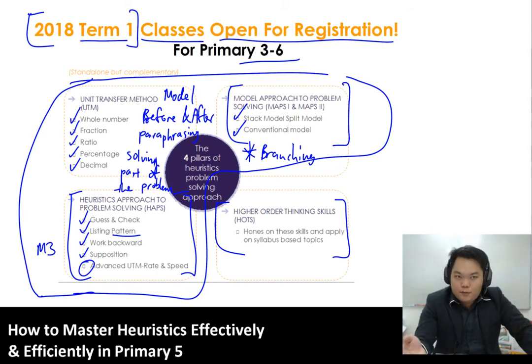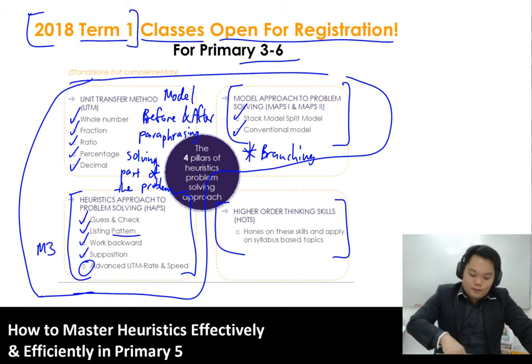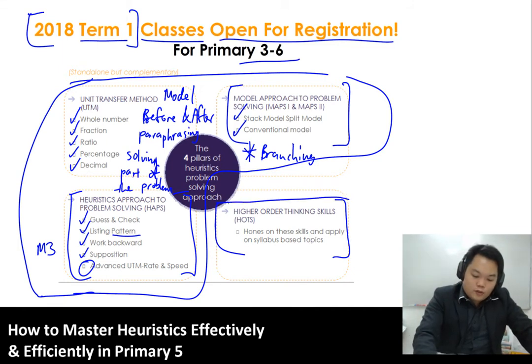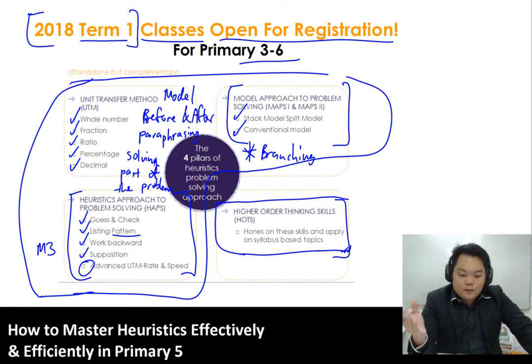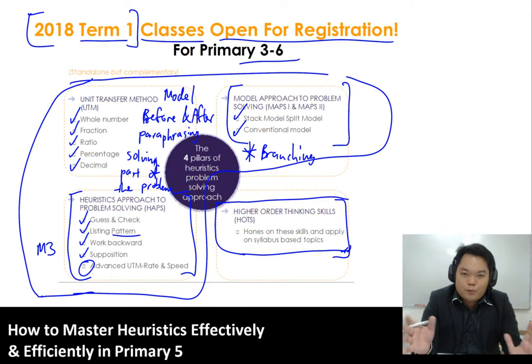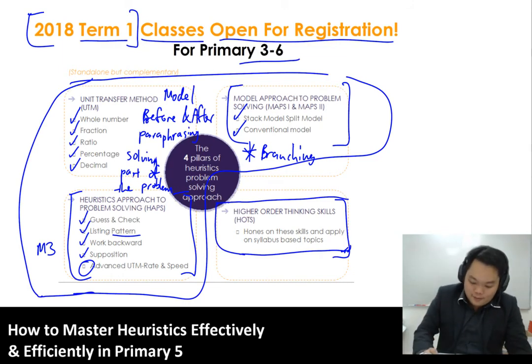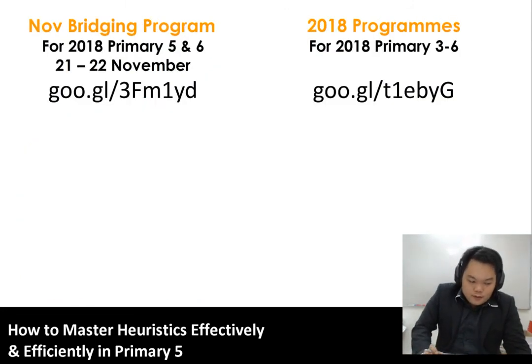If he uses a method that he's not so comfortable with, but is supposed to be faster, and ends up getting it wrong, then I would suggest not using it. Just use what he's comfortable with. That is my stand. So how does HOTS come into play? It will revise all the 11 heuristics and train them to filter out which one works best for them.